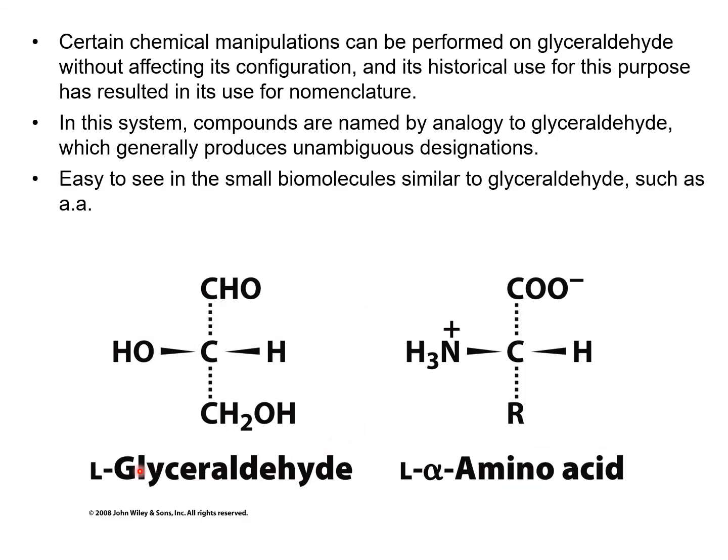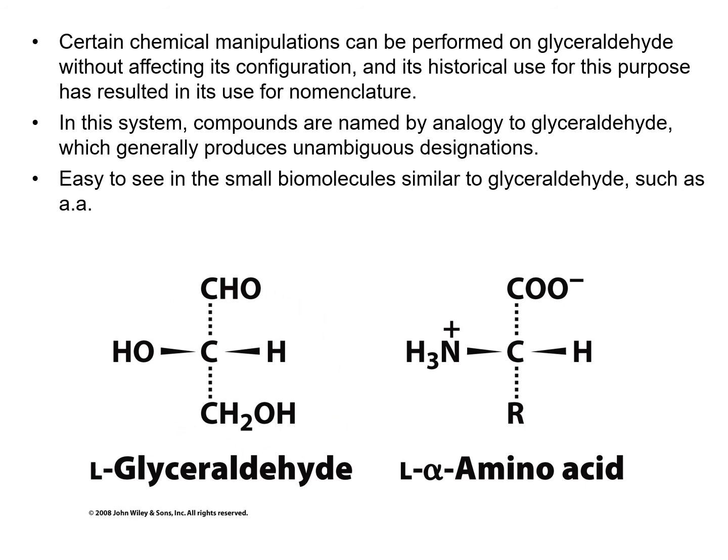Certain chemical manipulations can be performed on glyceraldehyde, changing some of the constituents here without affecting its configuration. And its historical use for this purpose has resulted in its use for nomenclature, indicating the configuration of those modified or manipulated molecules too.